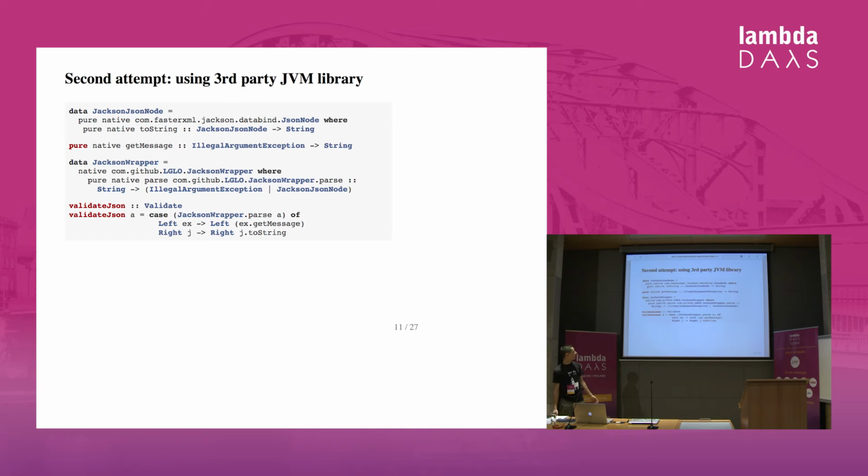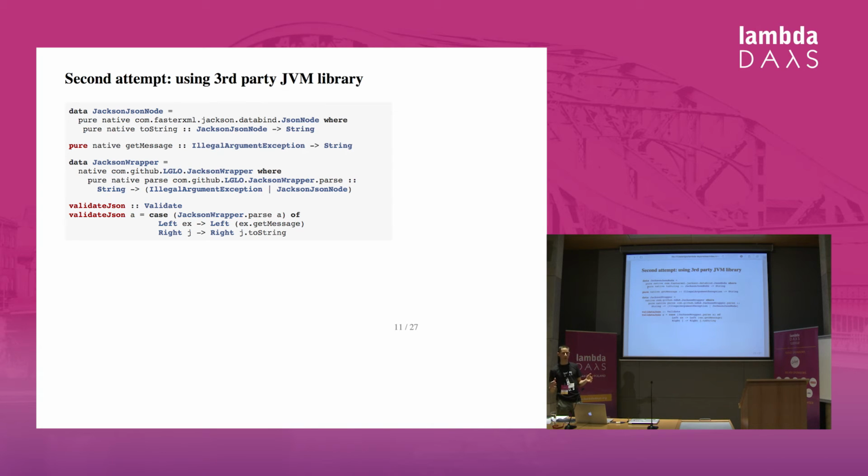So having this parse function declared that it exists in some library, the compiler will check it for me. I have now my version 2 of validate JSON, which is very, very similar to what we had before. I just extract the message in case of exception because I'm preparing the web service.